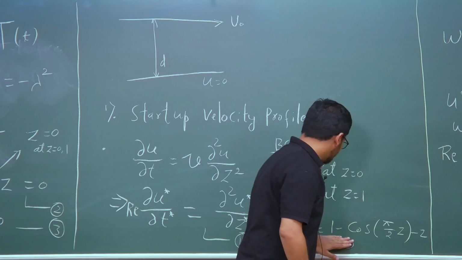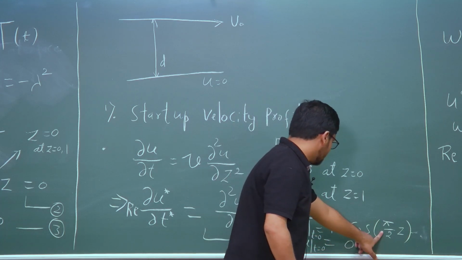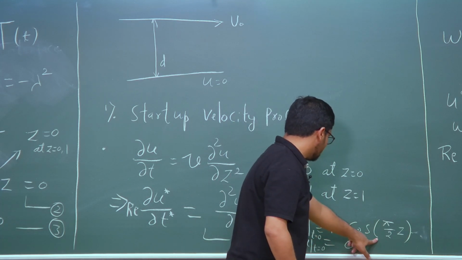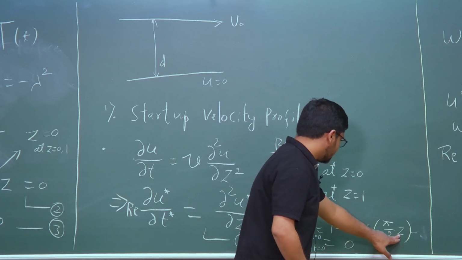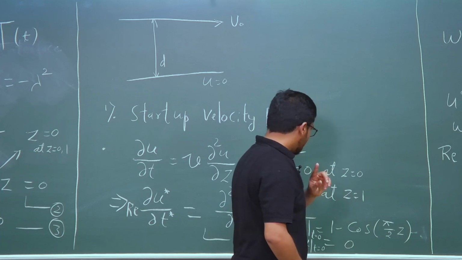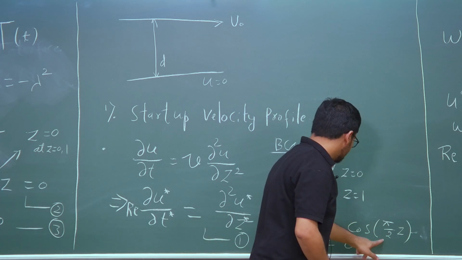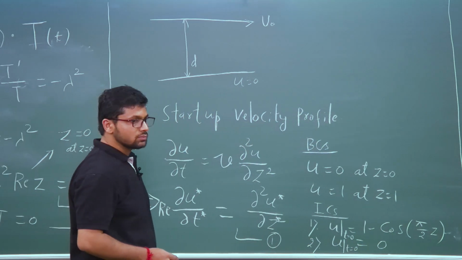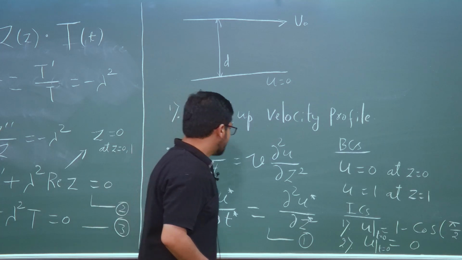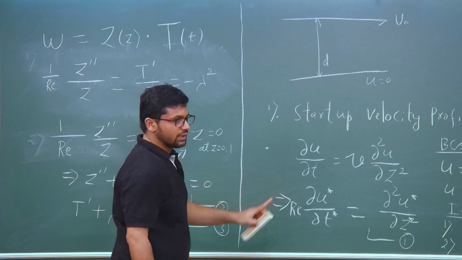Yes, I think it is correct: at z equal to 0, cos 1 will be 0, so it will be 1 minus 1, which is 0. At z equal to 1, I want it to be 1. At z equal to 1, cos pi by 2 is 0, so it is 1. Yes, it is correct. This is our problem. So, we are trying to solve these two ODEs along with the boundary condition and initial condition.